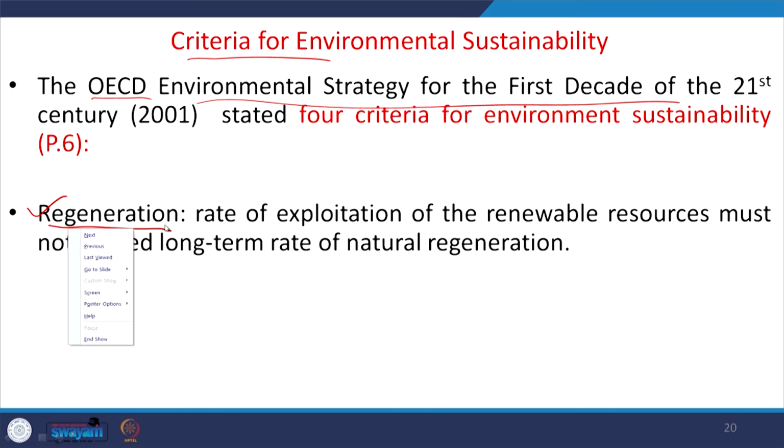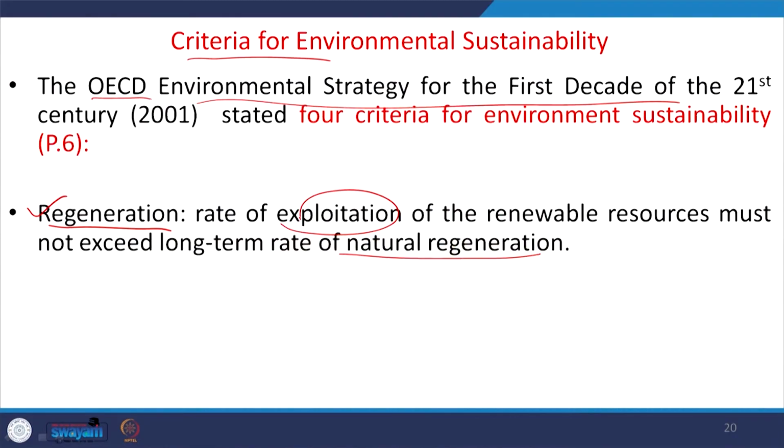So, what is regeneration? The rate of exploitation of natural or renewable resources must not exceed the natural regeneration. So, if exploitation is not greater than the natural regeneration, then this state gives the condition of sustainability or environmental sustainability.